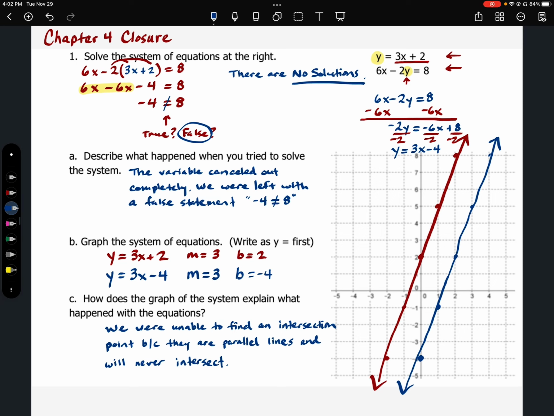So one more time, we were unable to find an intersection point because they are parallel lines and will never intersect. That's why we have no solutions at the top.